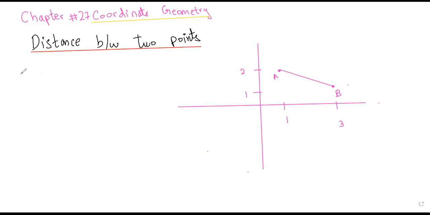So distance between two points AB is equal to under the root, then we do x2 minus x1 square plus y2 minus y1 square. Okay, this is the formula which you would be using every time when you have been asked to find distance between 2 points.